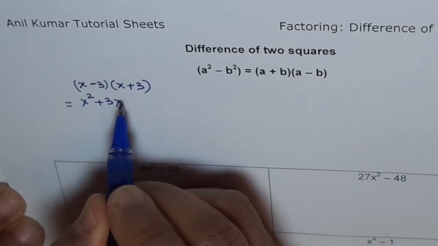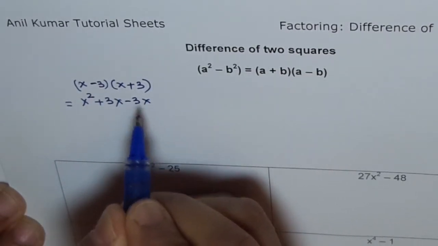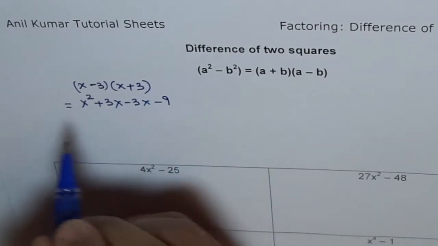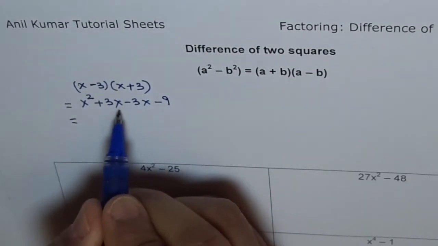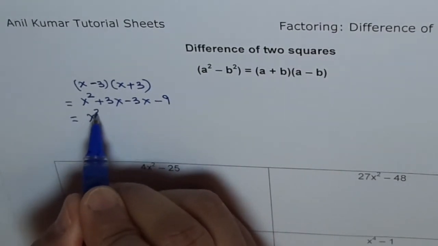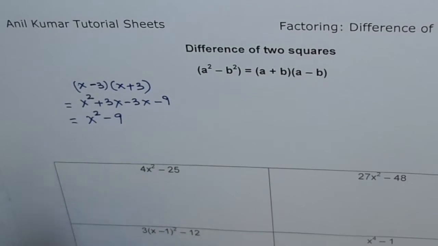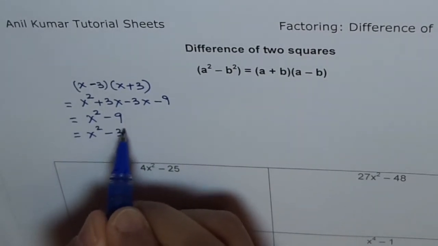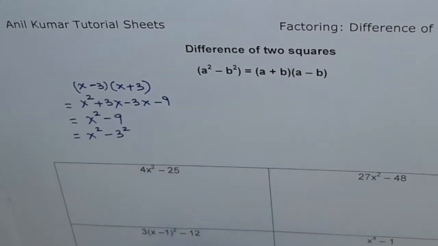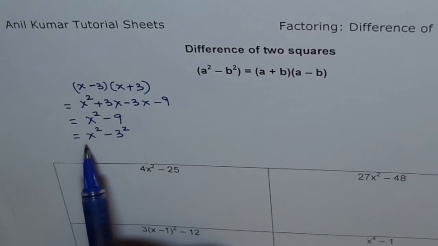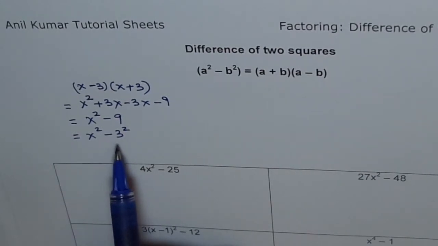So minus 3 times x is minus 3x, and minus 3 times plus 3 is minus 9. Now you will see plus 3x and minus 3x become 0. So you are left with x square minus 9. See, x square minus 3 square. So when I say a square minus b square, here a is x and b is 3.